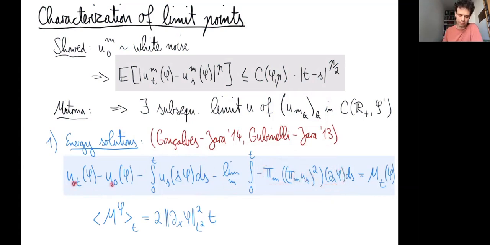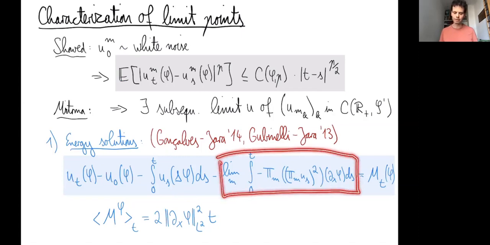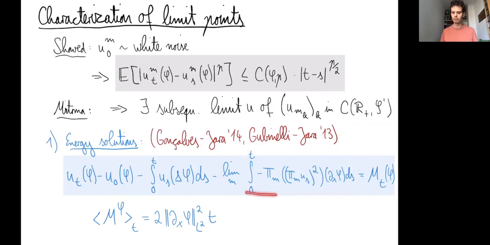This is really the limiting process, it gives rise to a martingale, and the martingale has the right quadratic variation. So this martingale corresponds to a derivative of a space-time white noise times square root 2. The point is that we define the nonlinearity through a limiting procedure. And so part of the definition is that this limit exists, and it also has to be of zero quadratic variation, and then some other technical conditions. But this is somehow how the solution is defined.